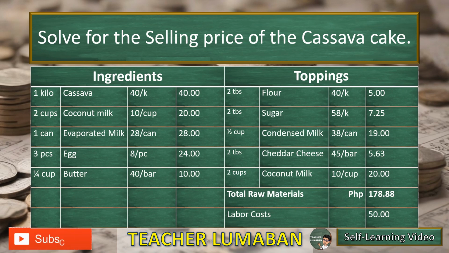Total raw materials: 178.88 pesos. Labor costs 50 pesos.